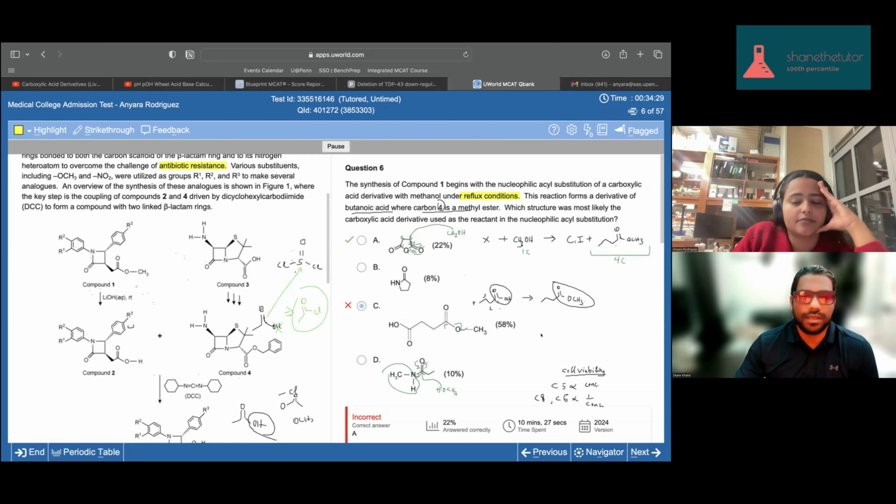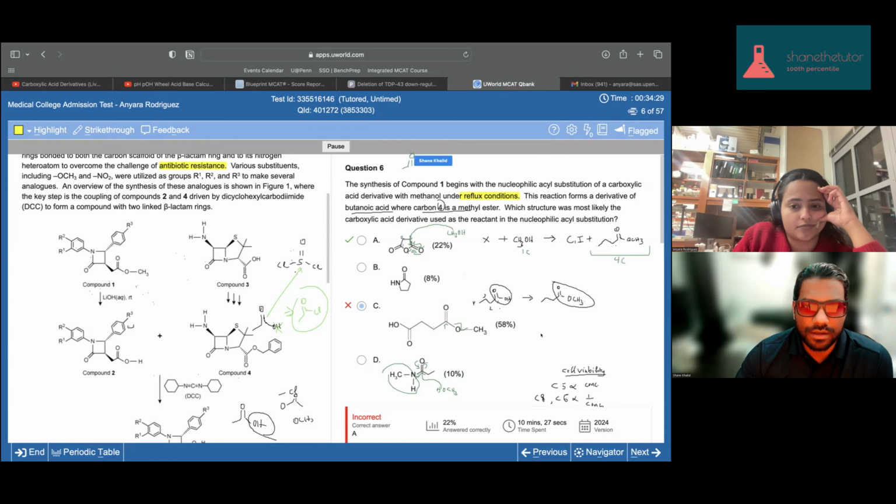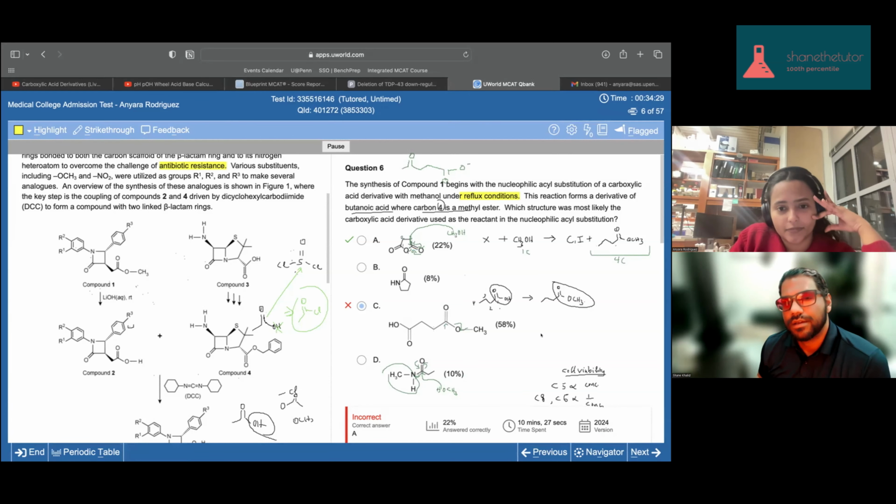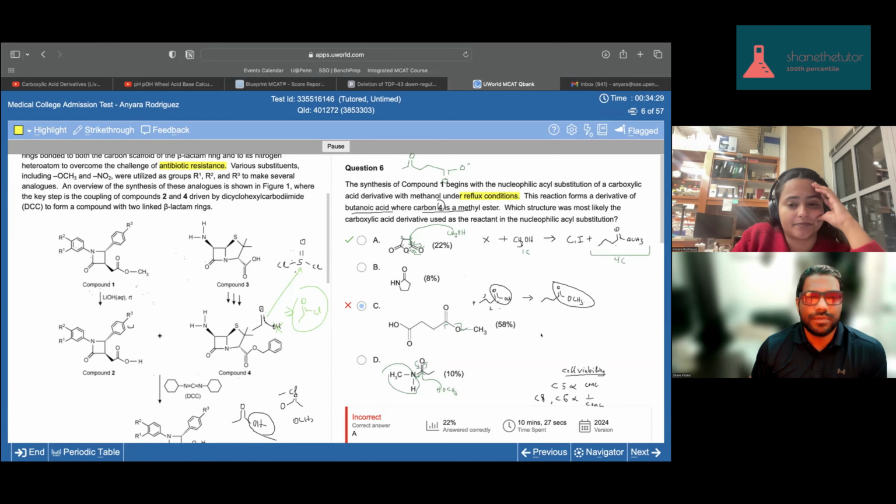The methoxy group can be a good leaving group, and that's something that choice A has. Because when this unravels, it would be something like 1, 2, 3, 4, something like that, right? So you're opening up that ring in this case.